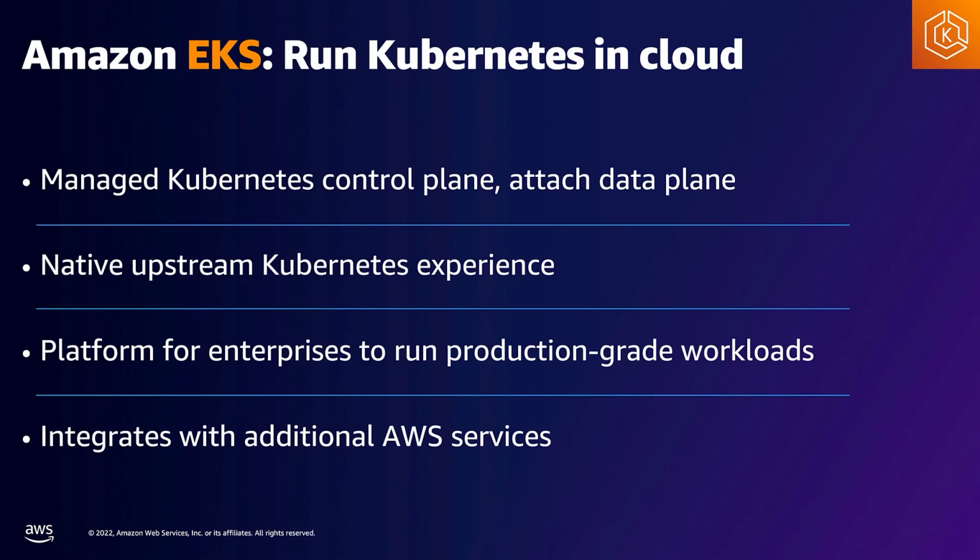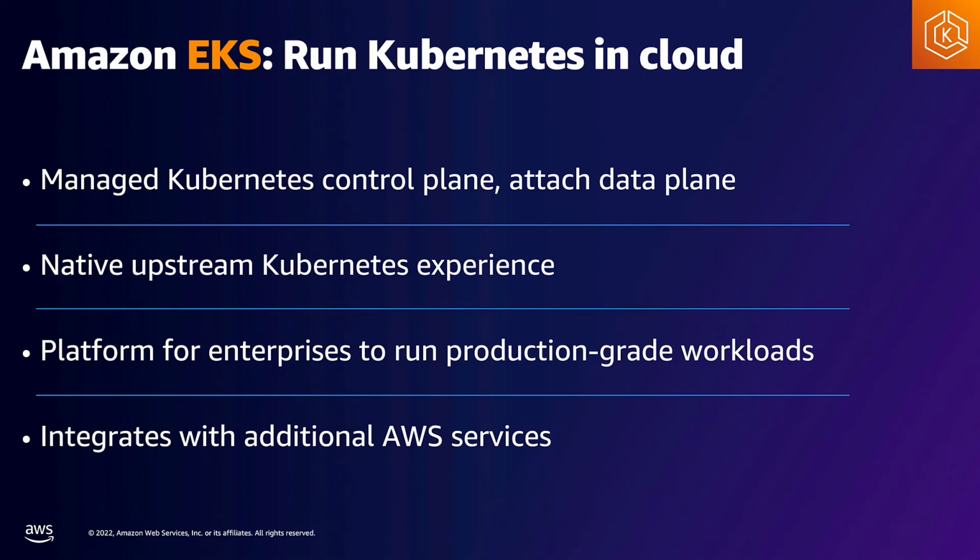And the best part about this is you don't have to worry about managing the Kubernetes cluster. You may like to use Amazon EKS, which is our managed Kubernetes service on AWS, which gives you the control plane where you can attach your data plane or the compute nodes.